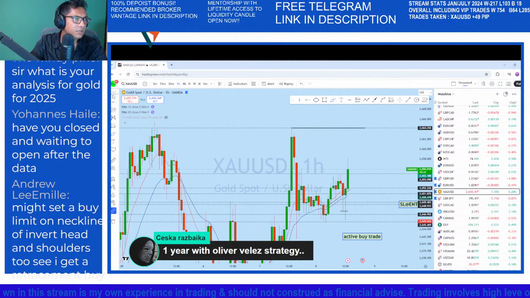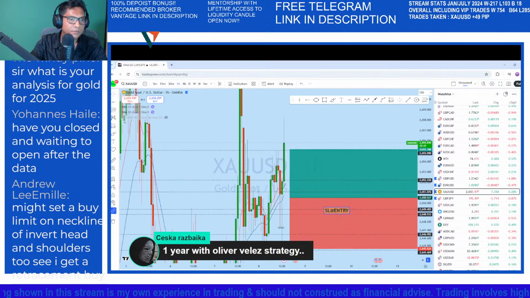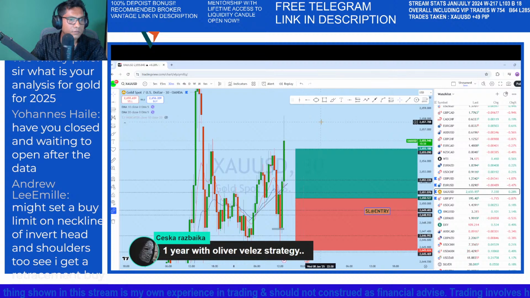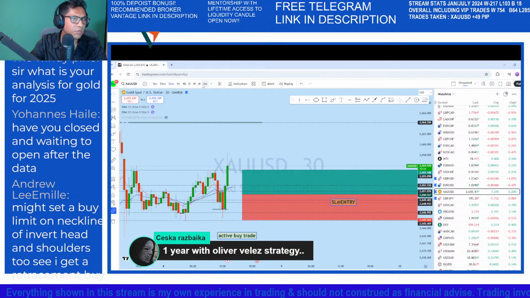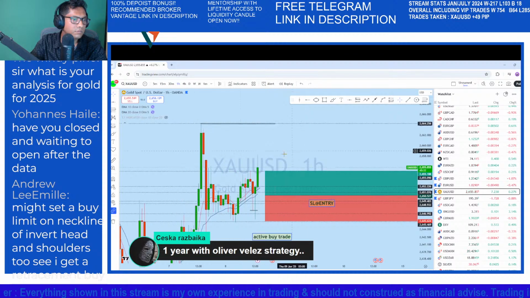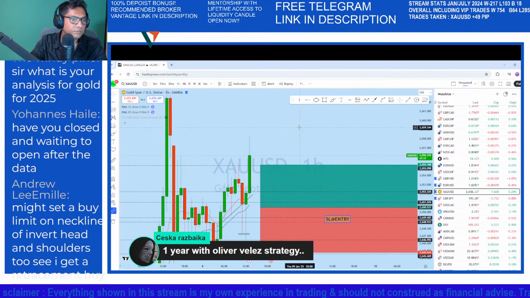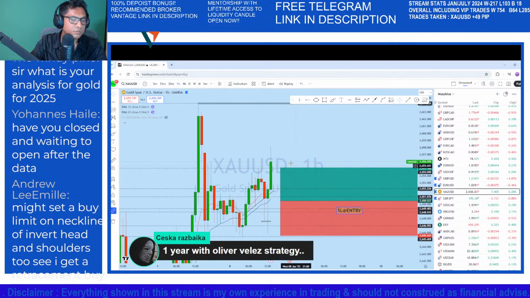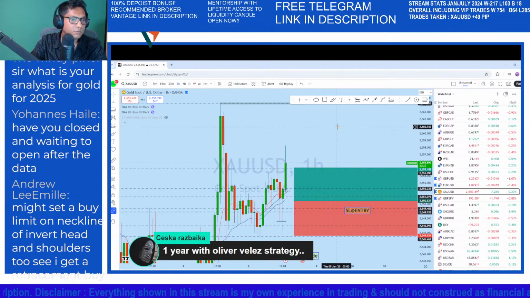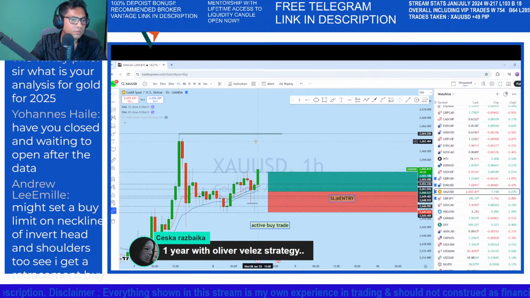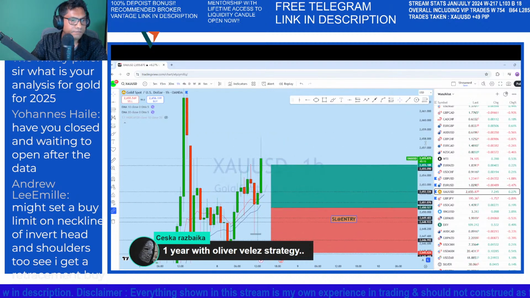And with that being said, a very strong bounce, pretty strong bounce here. Made its move significantly.